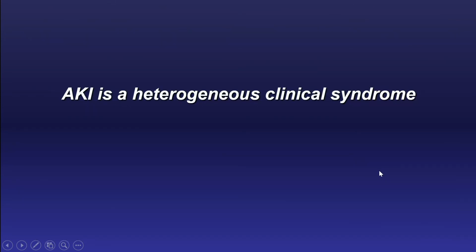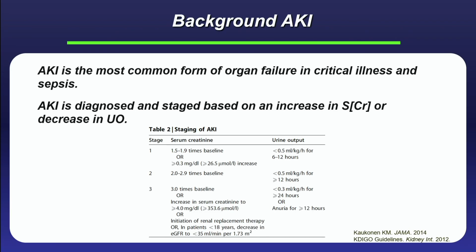Now switching gears and thinking about acute kidney injury. Some of the background: acute kidney injury is an acute reduction in kidney function that we often see in the hospitalized setting. It's one of the most common forms of organ failure in critical illness, and one of the most common risk factors is sepsis. Currently, AKI is defined by a rise in serum creatinine or a drop in urine output.